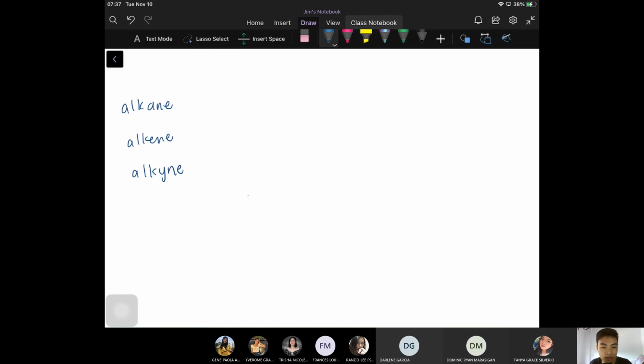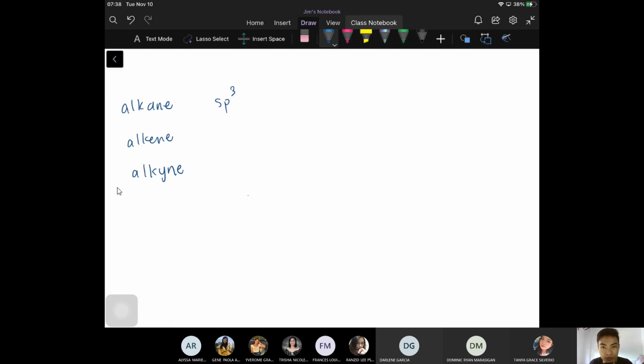So, for alkanes, since puro single bond lang yung meron, the hybridization of carbon is said to be sp3. No? If your lecture instructor discussed this already, okay na yun. Nasa lecture kasi itong hybridization of carbon. So sabi natin, if the carbon can form 4 single bonds, hence the hybridization of that carbon atom is sp3.